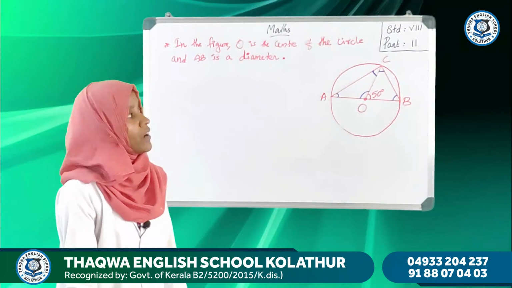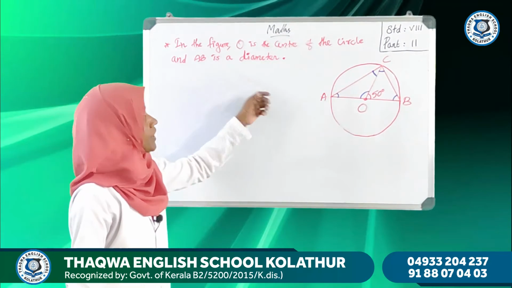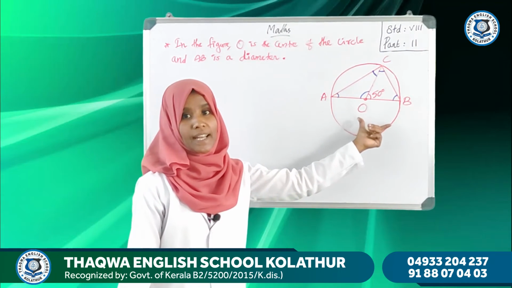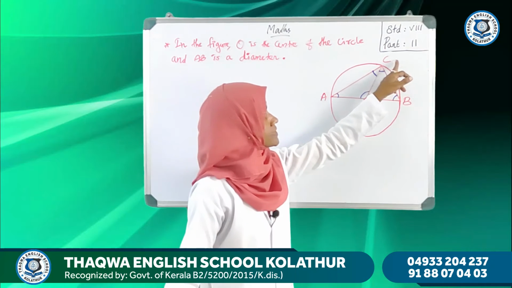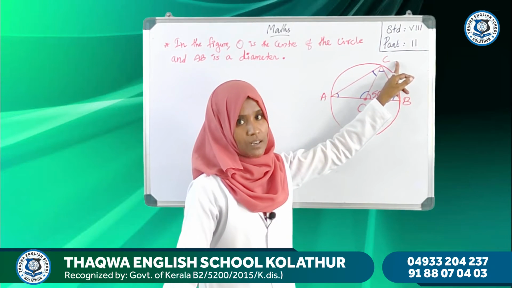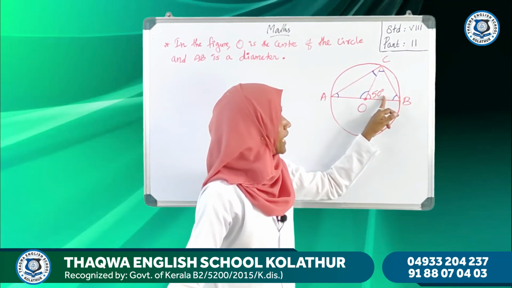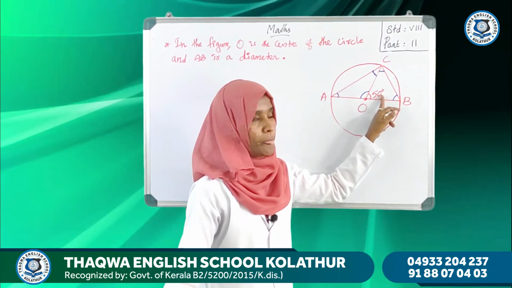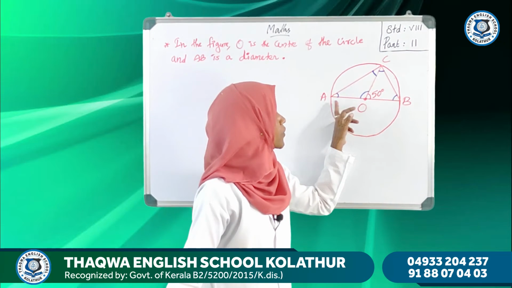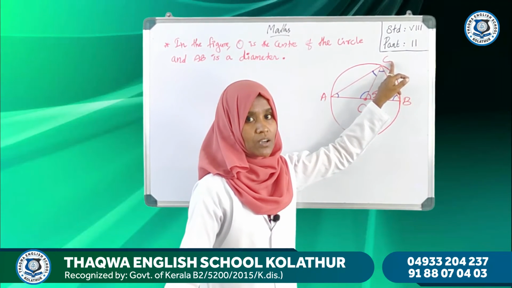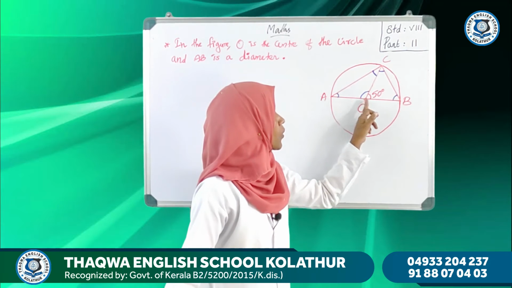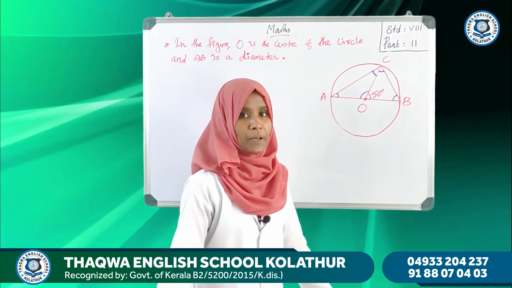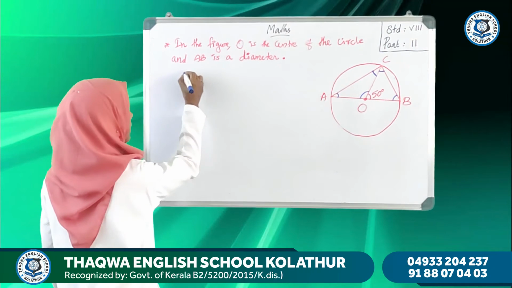Okay, next one. In the figure, O is the center of the circle and AB is a diameter. C is a point on this circle. You are given one angle, angle COB is 50 degrees. From this we can find out angle AOC. How? Angle AOC and angle BOC form a linear pair.